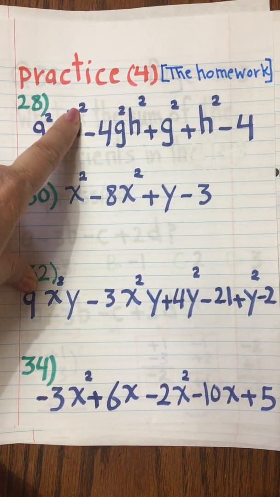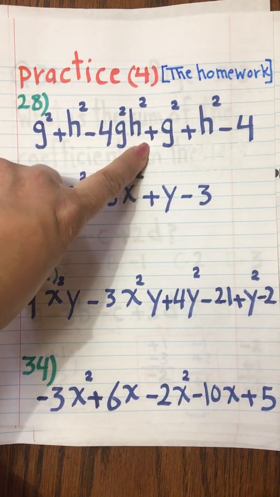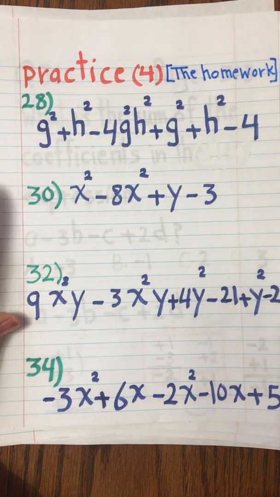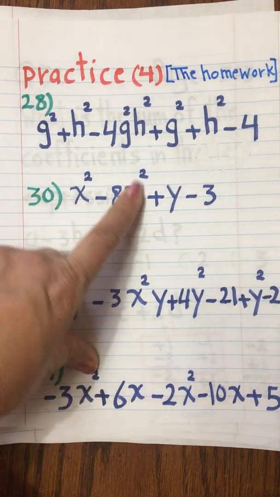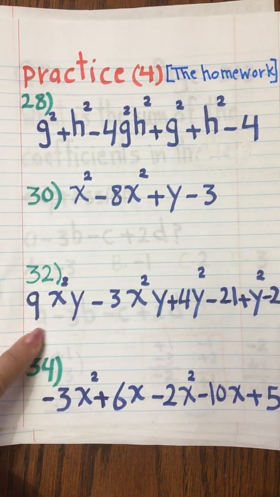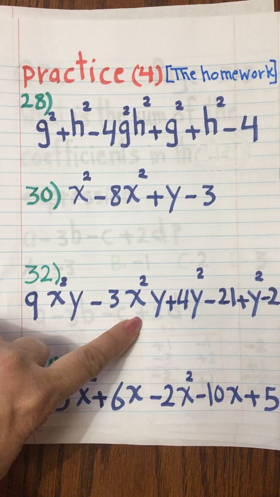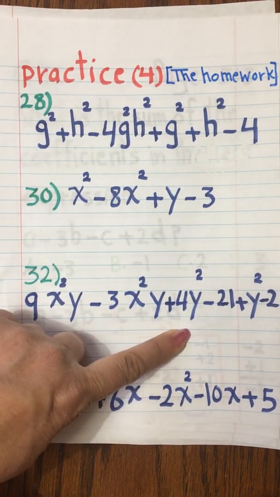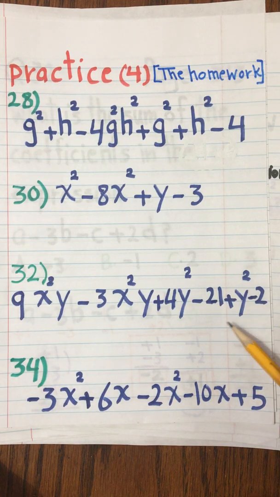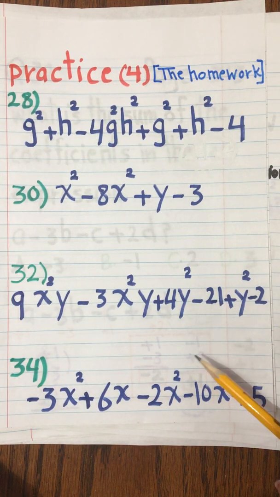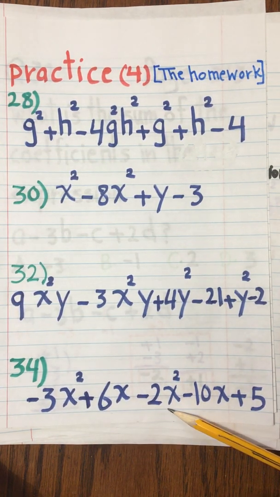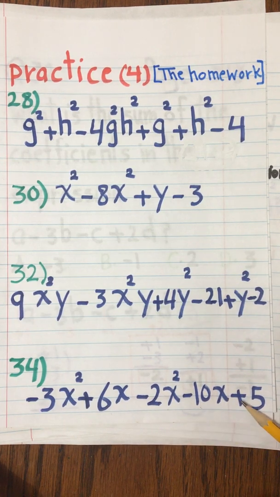So 28: g squared plus h squared minus 4g squared h squared plus g squared plus h squared minus 4. 30: x squared minus 8x squared plus y minus 3. 32: 9x squared y minus 3x squared y plus 4y squared minus 21 plus y squared minus 2. 34: negative 3x squared plus 6x minus 2x squared minus 10x plus 5.